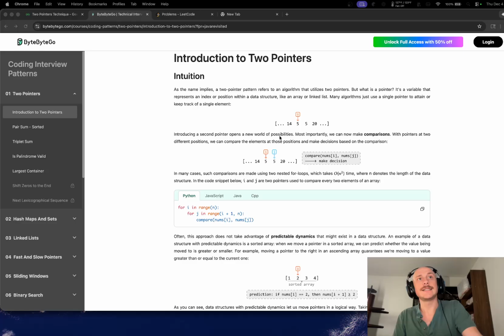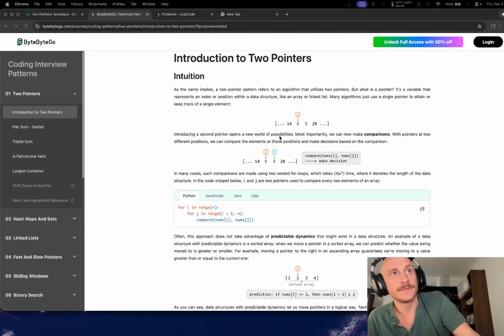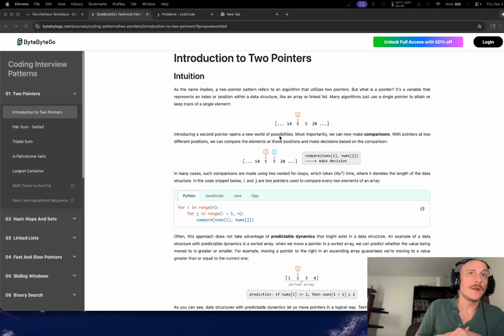In many cases, such comparisons are made using two nested for loops, which takes O of n squared time, where n denotes the length of the data structure. In the code snippet below, i and j are two pointers used to compare every two elements of an array. Now, let's take a second and think about this.